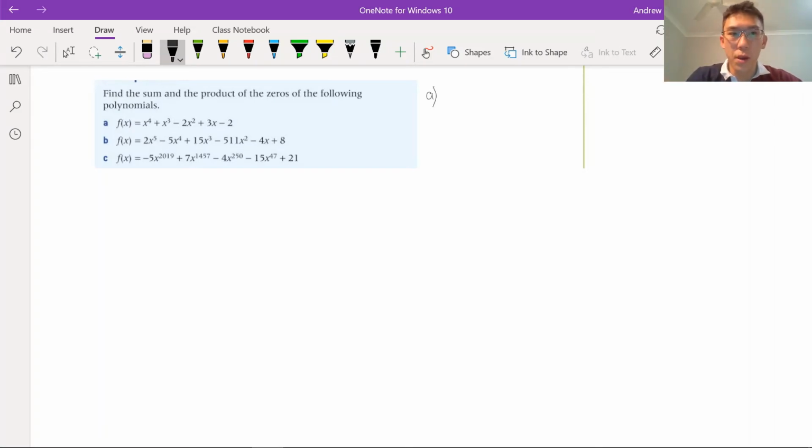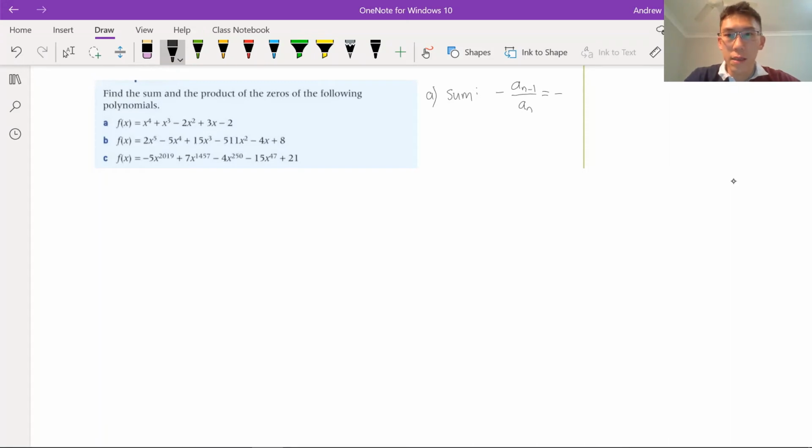So let's apply the formula for the sum. So for A, alright, so the formula for the sum is negative a_(n-1) over a_n. So a stands for the coefficient, and n stands for the order of your polynomial. So that's the formula for the sum.